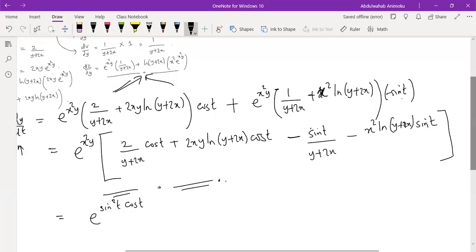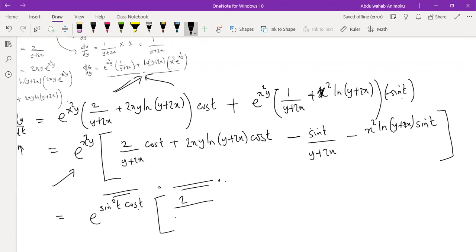Basically, what you can do is substitute x and y into this particular expression to find the whole of it in terms of t, right? So we are going to substitute sine t for x and cos t for y. So x squared will be sine squared t, y will be cos t. Then inside this bracket, you now have 2 over y, which is cos t, don't forget, plus 2x, which is sine t, right?